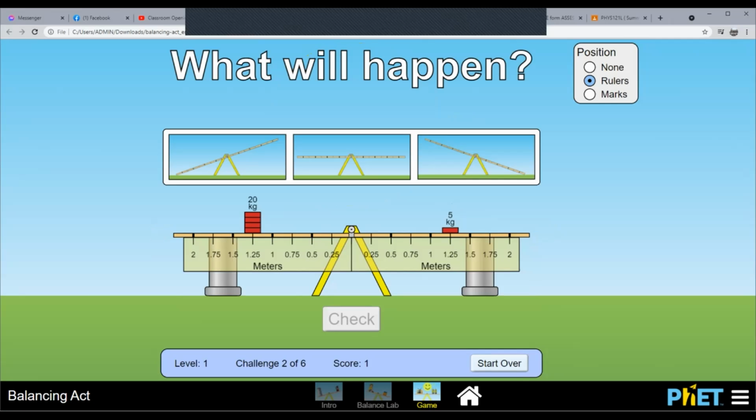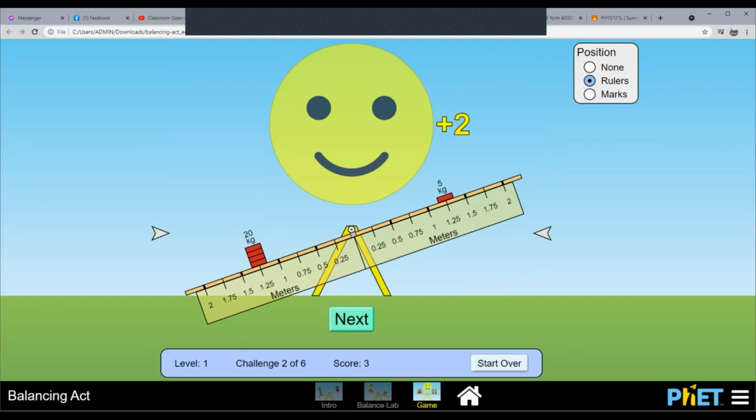X. We would like to balance it out. Let us try this one. Let us check. That is correct. Okay.